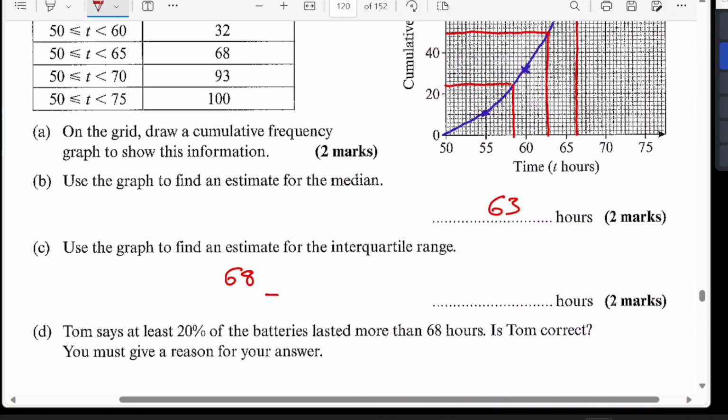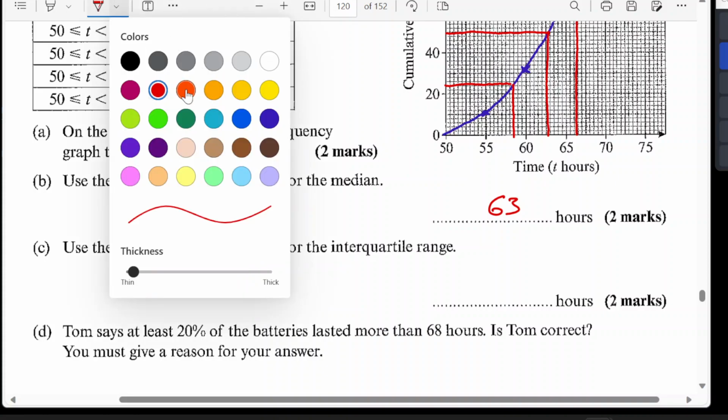Now I've just realised I've miscounted there. My x-axis is actually going up in 0.5.